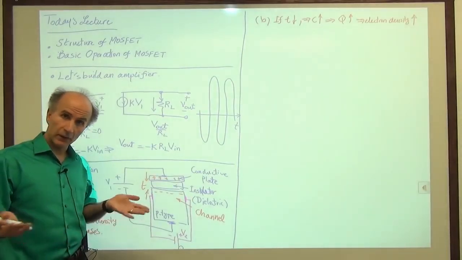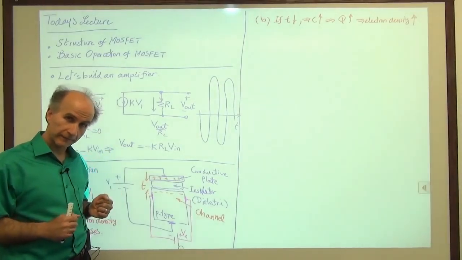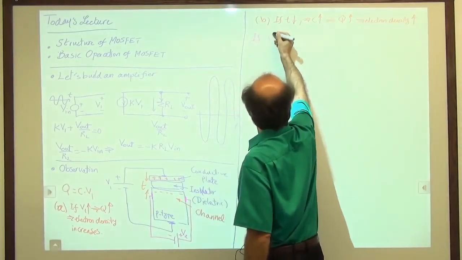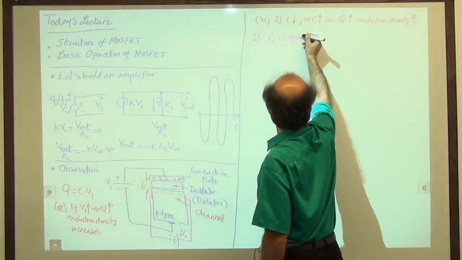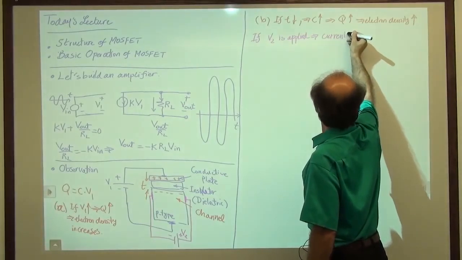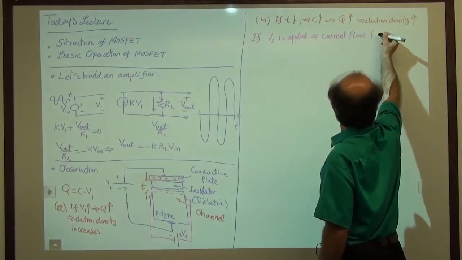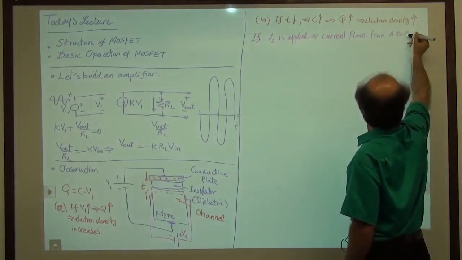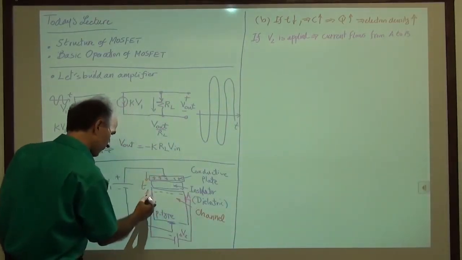Okay, that's not particularly exciting, but there's something interesting that we can observe. Okay, so we say that if V2 is applied, current flows from A to B. A is here, and B is here.